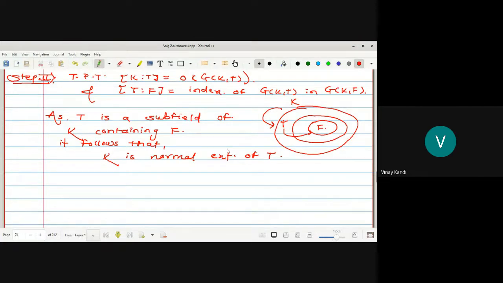And by the corollary, page number 79, from the previous lecture, the degree of K over T is equal to the order of G(K,T).